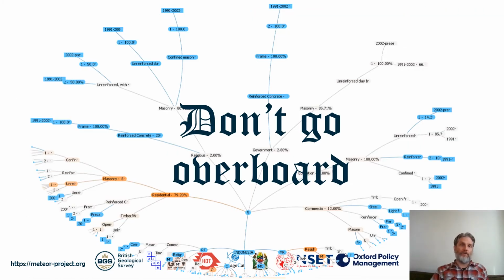A sort of a word of warning: don't go overboard. There's a lot of different attributes of structures that affect the vulnerability, and a lot of data out there about how that happens.